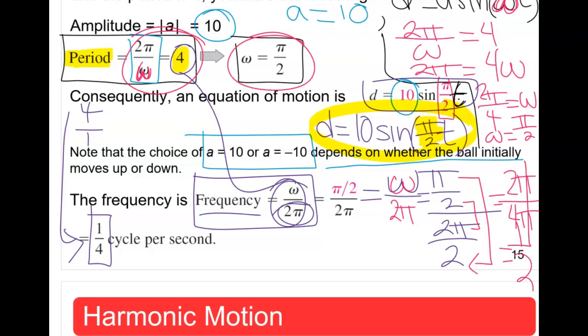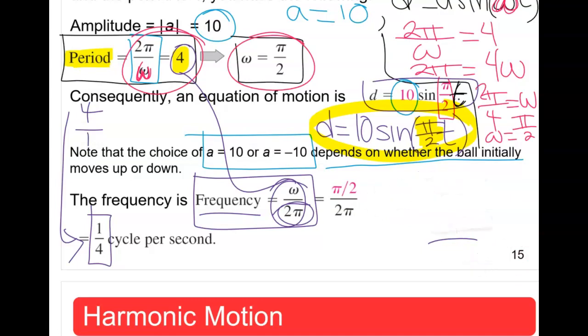So I found my mistake. I wrote a 2 here, which is not correct at all. So let me fix this. We erase this here, and let me just do this again.